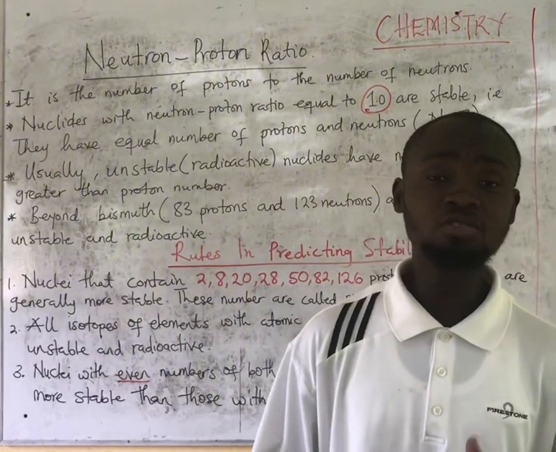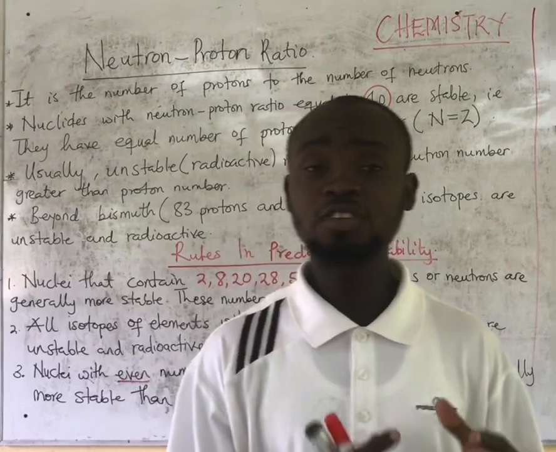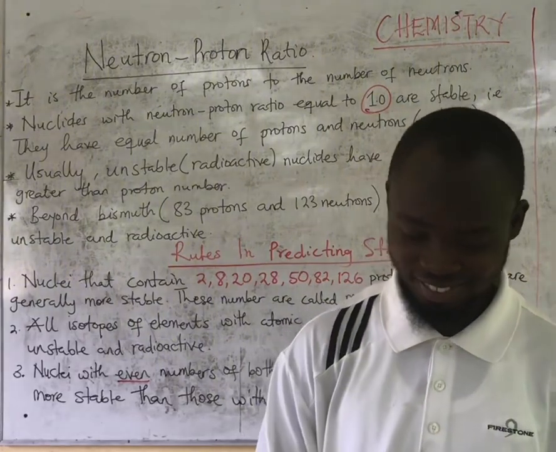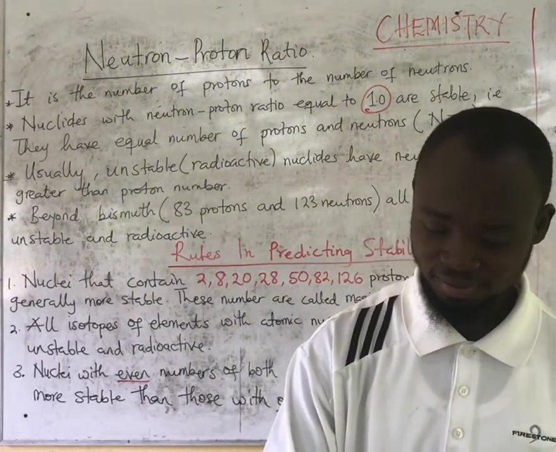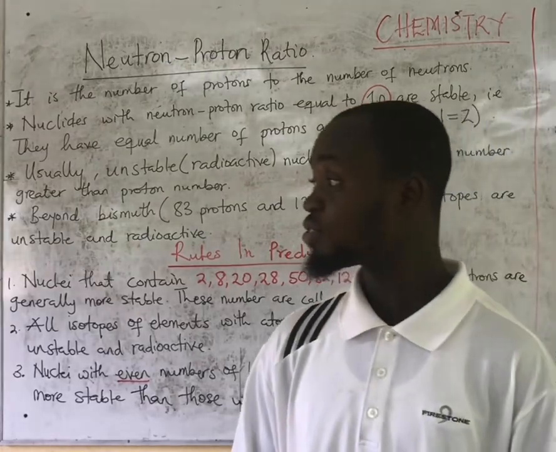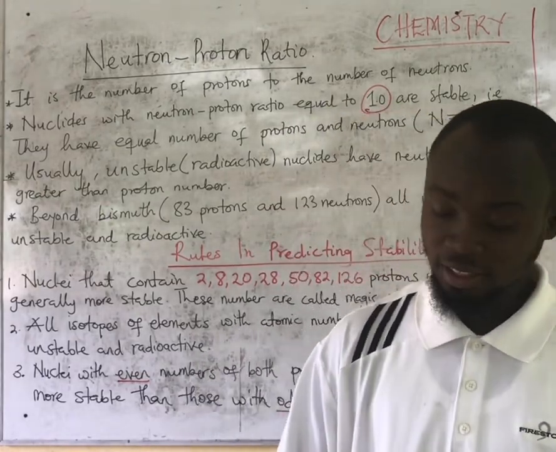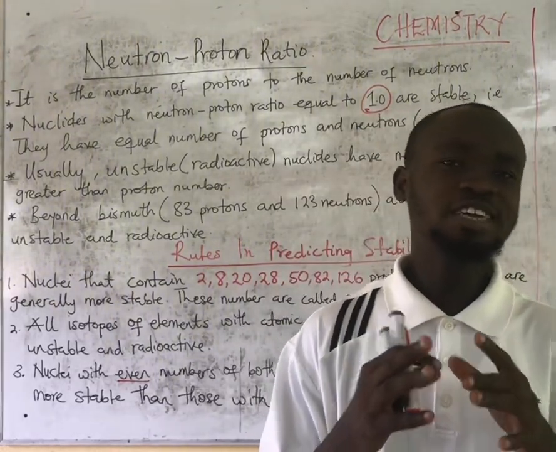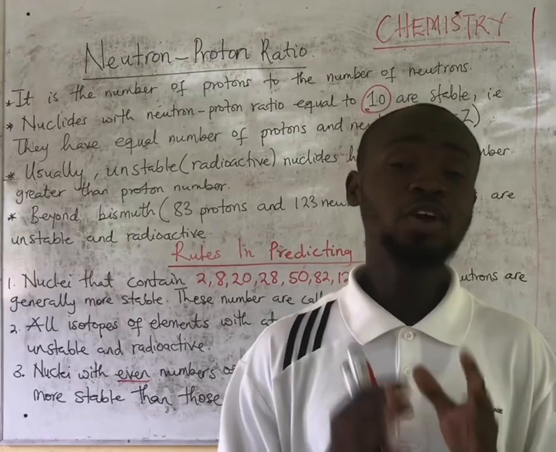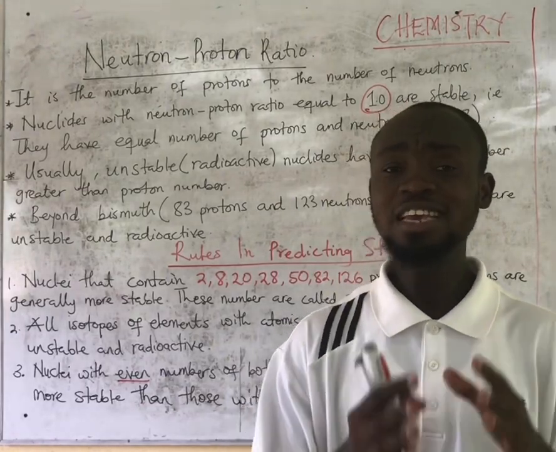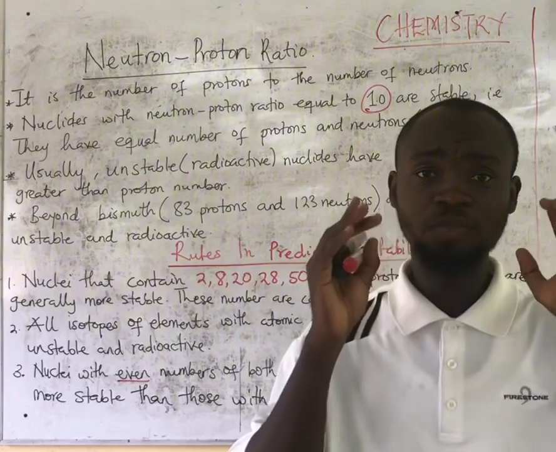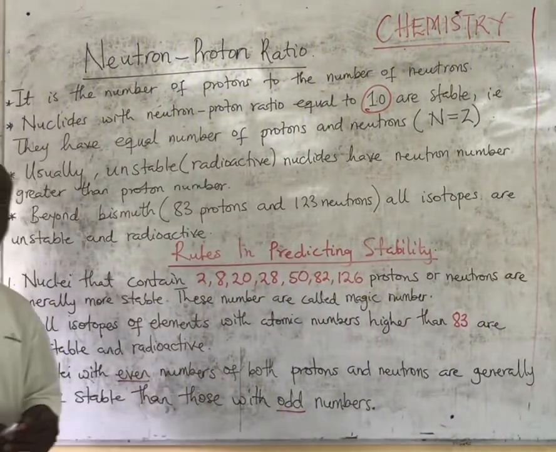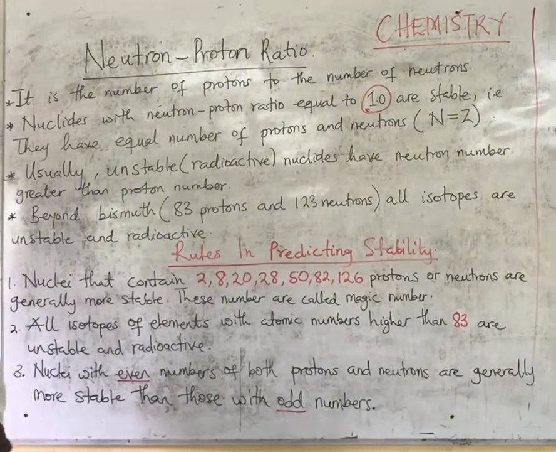And nuclei with magic numbers of protons and neutrons have their nuclear forces arranged in a particularly stable manner, which indicates the overall stability of that nucleus. So that is it for magic numbers and the nuclear shell ideology.